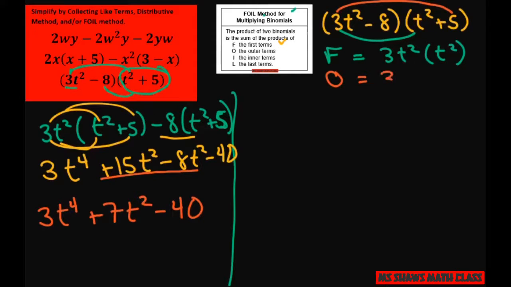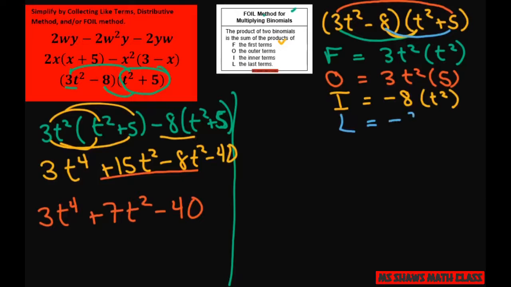That's going to be 3t squared times 5. For the inner, that's going to be these two inner terms here. So that's negative 8 times t squared. And then for your last, that's going to be these last two terms. So that's negative 8 times positive 5.